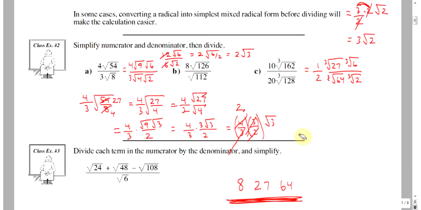Okay. Still have a half. What's the cubed root of 27? What times what is 27? 3. Cubed root of 6. Can't do anything with that. What do I have on the bottom? What times what is 64? Cubed root of 2.